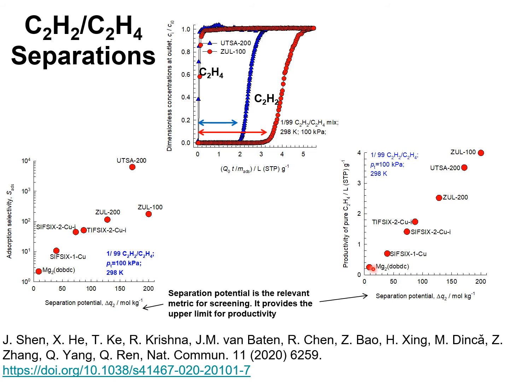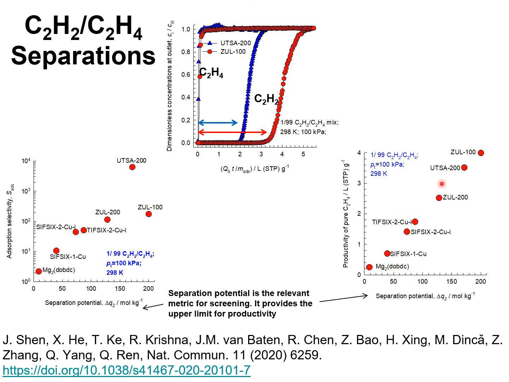We note that the productivity values determined from transient breakthrough simulations are nearly linearly related to the separation potential delta Q2 calculated on the basis of the IAST for mixture adsorption equilibrium.